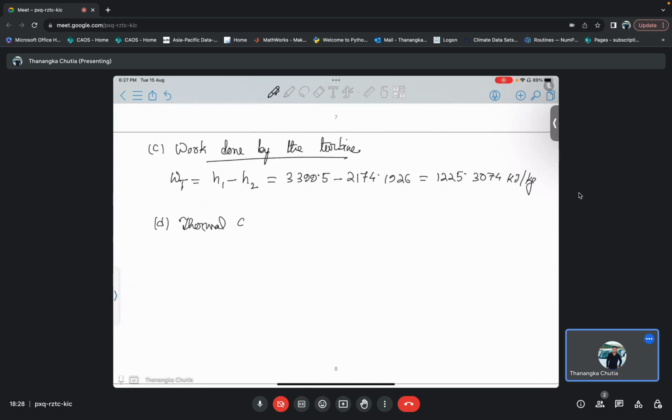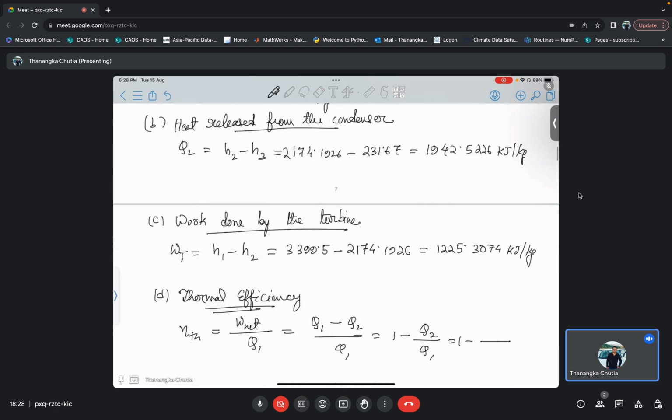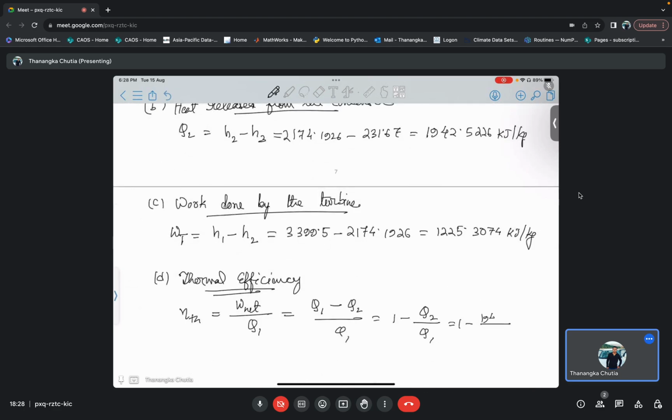Okay, and the last part is thermal efficiency of the cycle. Thermal efficiency, that is eta Th, is equal to W net by Q1. What is W net? It is basically Q1 minus Q2 upon Q1, and this can also be written as 1 minus Q2 by Q1. We have Q2, we have Q1, we put it here and we'll get it. So what is my Q2? 1942.5226.